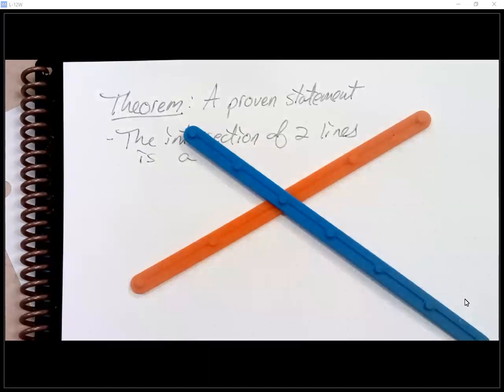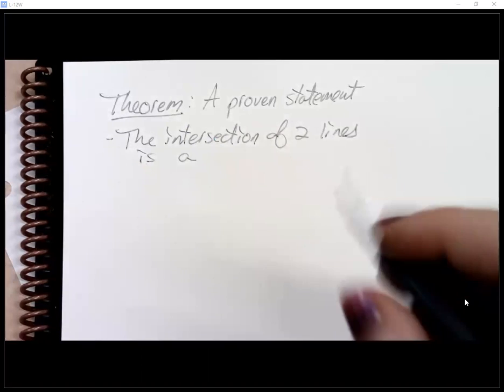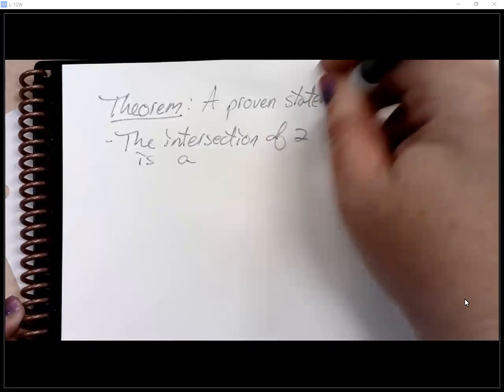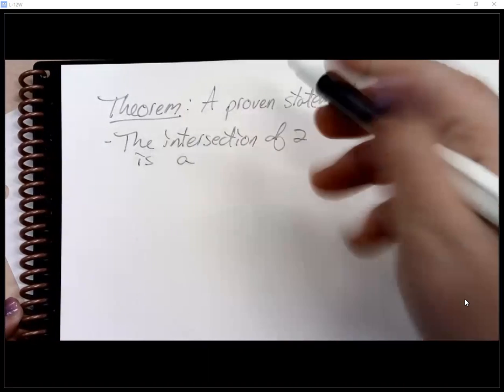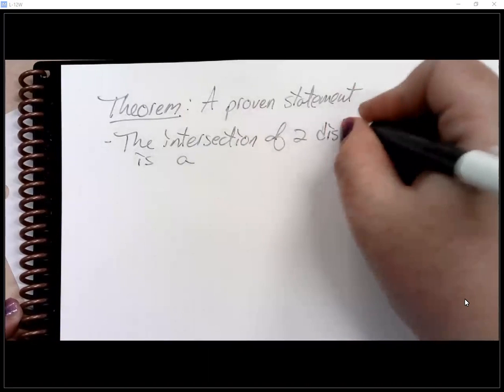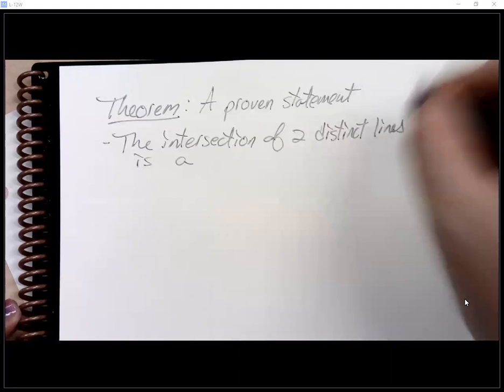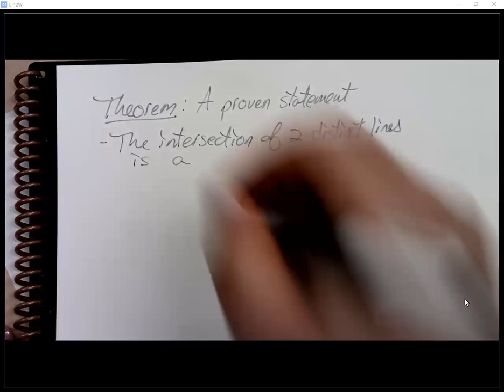Okay. In fact, I'll even throw that word in. The intersection of two distinct lines is a point. Let's start putting that in play.